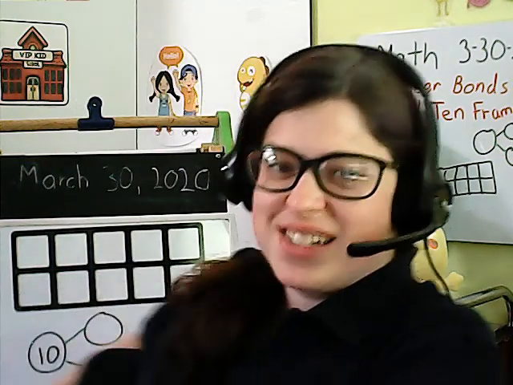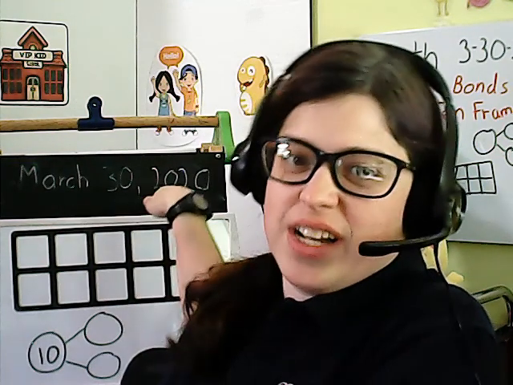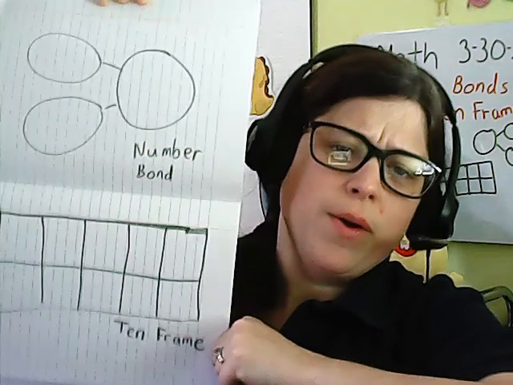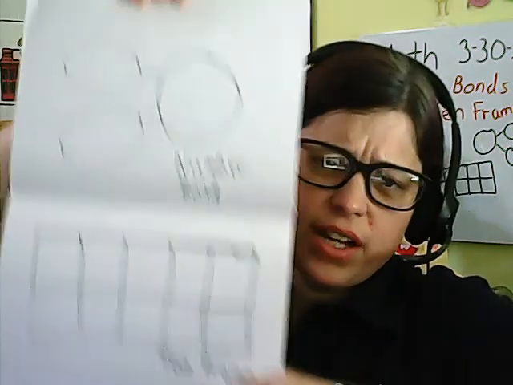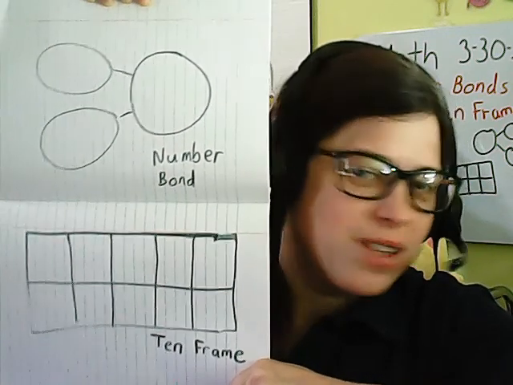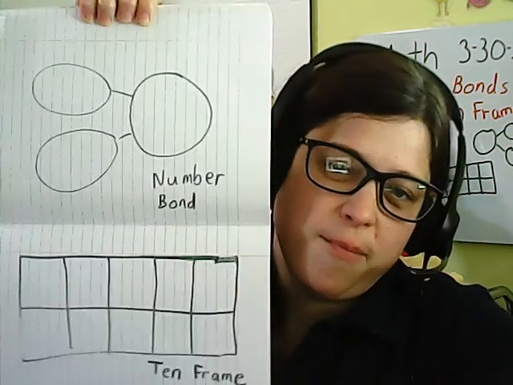Good morning again, class. Today is March 30th, 2020, and I would like to talk about two tools that we use very frequently in math today. I drew them in this notebook to show you a simple way you can draw them out if you do not have these tools at home.